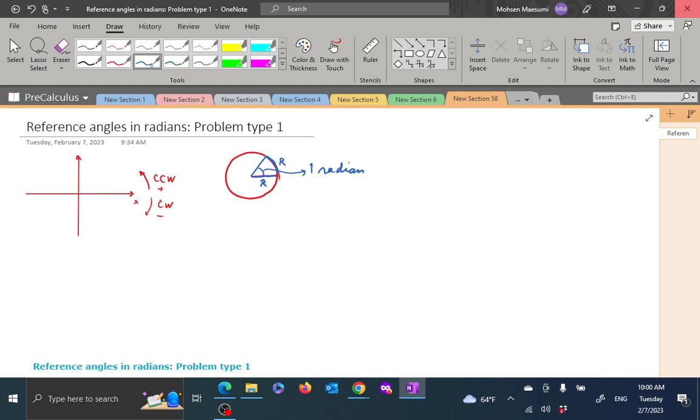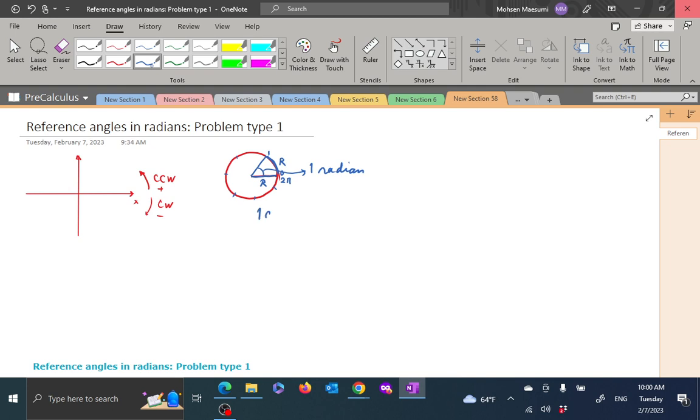How many of these fit in a circle? Well, 0, 1, and you go 2 and 3 and 4, 5, and 6, and extra. So 6 and change is really 2 pi radians.